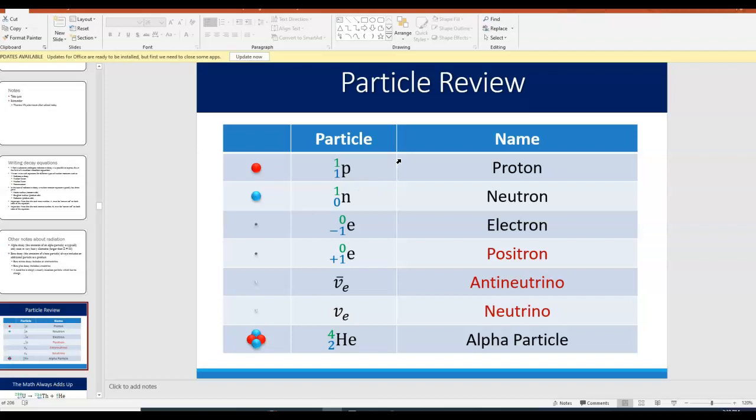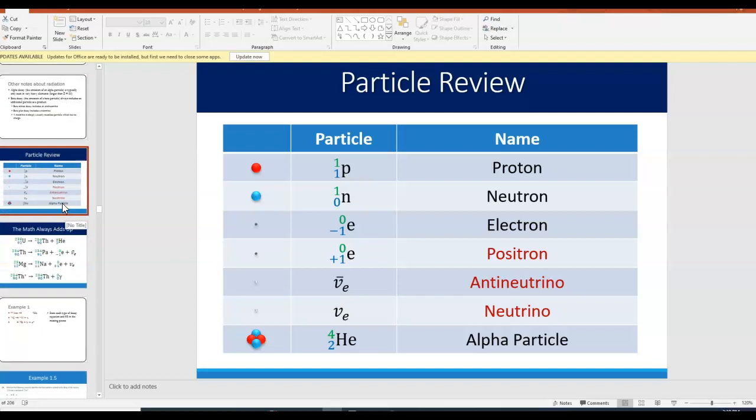This slide is basically just summarizing the main types of particles we talked about before and how you write them in nuclear notation: proton, neutron, electron, aka beta minus particle, a positron, aka beta plus particle, antineutrino, neutrino, alpha particle. If you want to add this in your notes, you're welcome to, but you should already have this information somewhere in your notes.